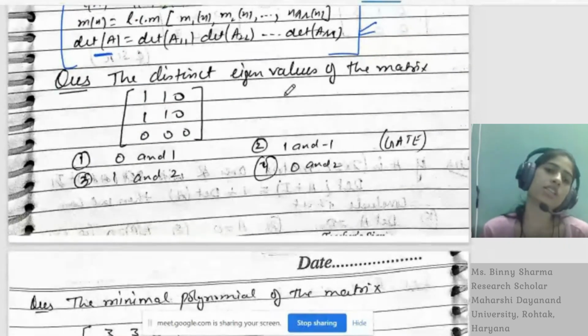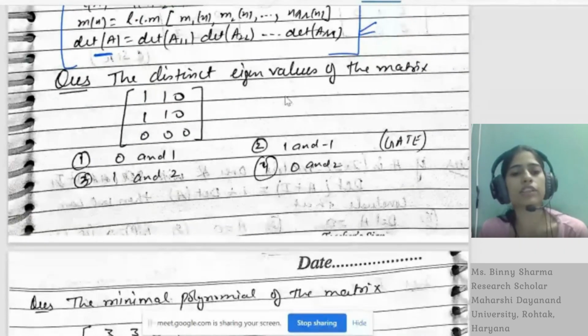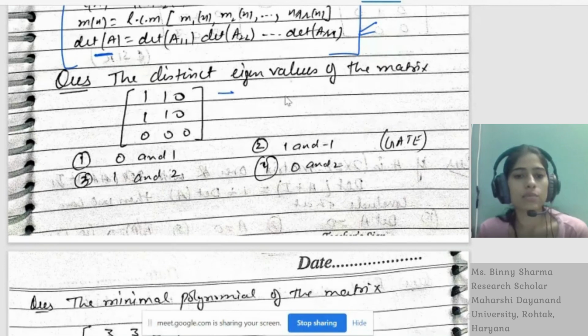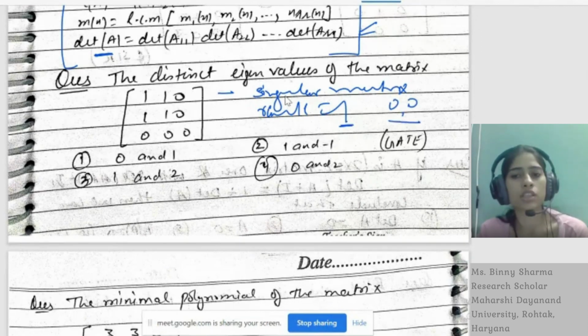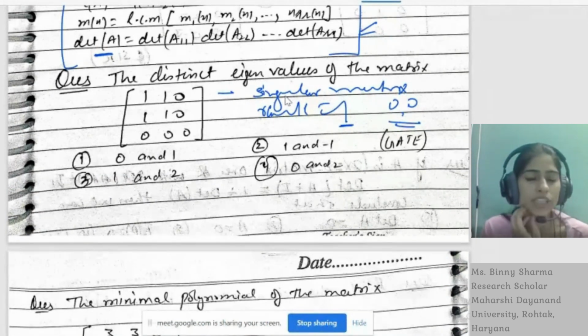The next question is the distinct eigenvalues of the matrix. See, this matrix is a singular matrix and its rank is 1. At least 2 eigenvalues will be 0. Now the third eigenvalue can be decided by the trace.